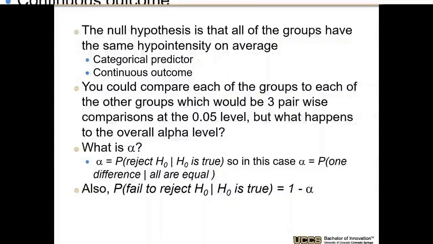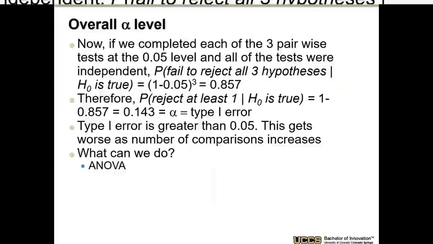The probability that I fail to reject is 1 minus alpha. If I do this three times, the probability of not rejecting in all 3 is 0.857, and therefore my probability of incorrectly rejecting the hypothesis is 0.14, which is my probability of type 1 error.